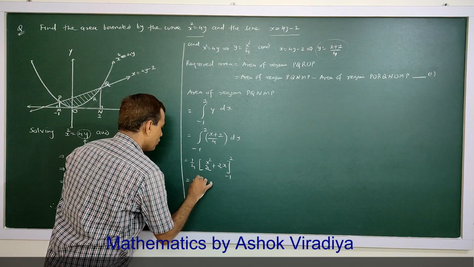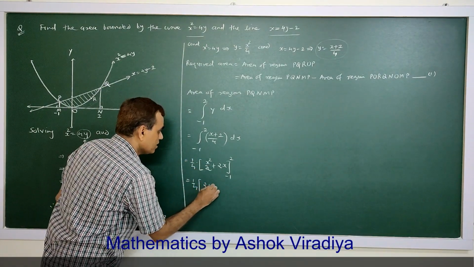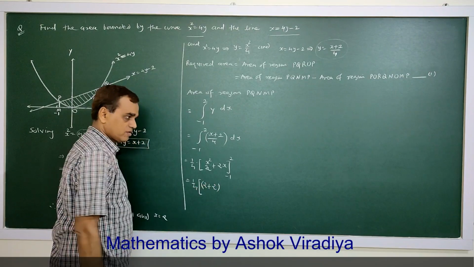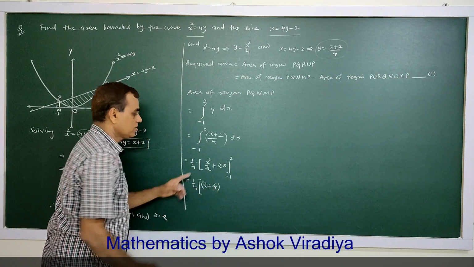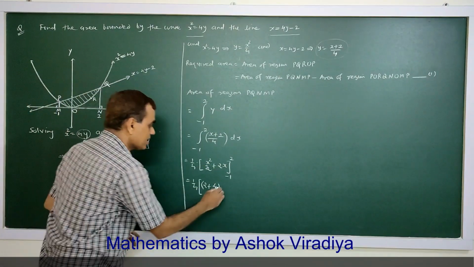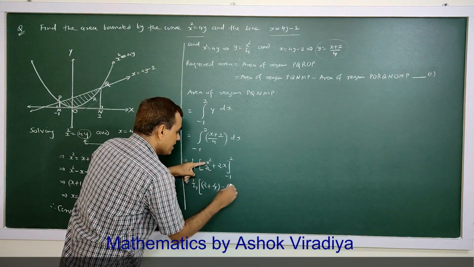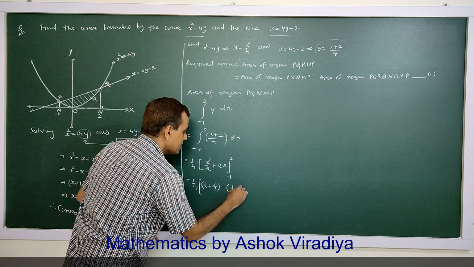So 1 by 4 times, putting 2: 2 square is 4, 4 by 2 is 2, plus 2 into 2 is 4, minus, putting minus 1: it is 1 by 2 plus 2 into minus 1 is minus 2.